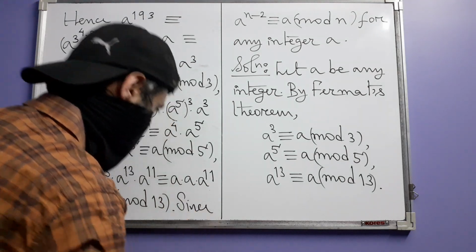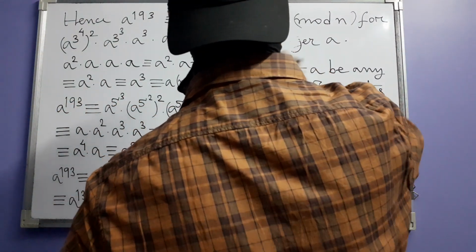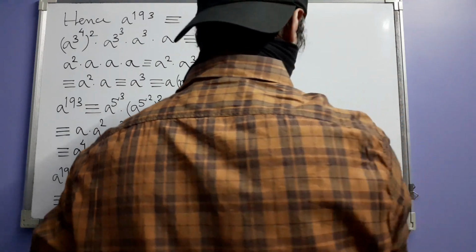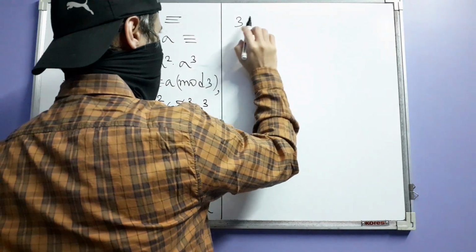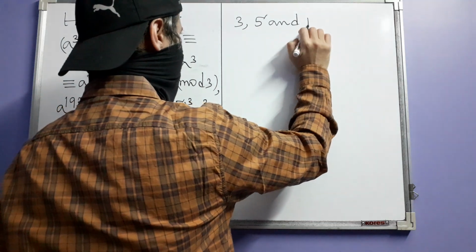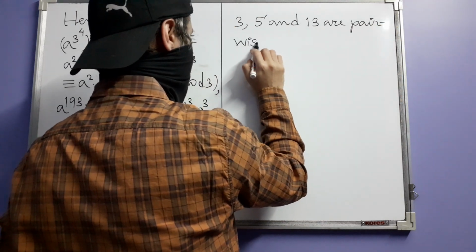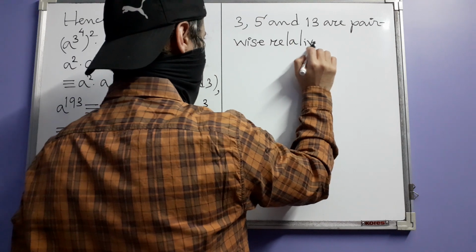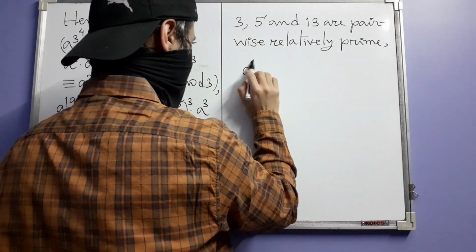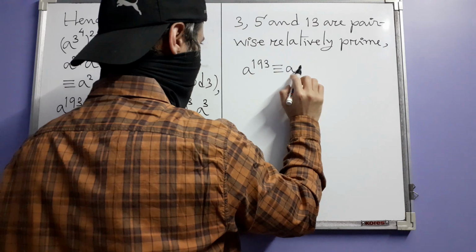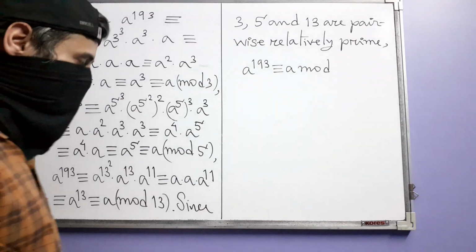So, we write: since 3, 5 and 13 are pairwise relatively prime, a to the power 193 is congruent to a modulo their product, which of course is our n, that means 195.